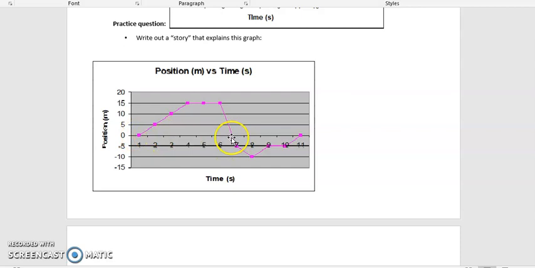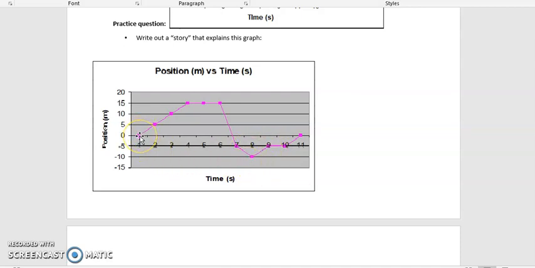So you would be traveling in the negative direction. And then this little point here, and this one as well, these would be traveling in the positive direction because they're going upwards on our graph. So they're moving in the positive direction, even though they're in this kind of negative area, okay?